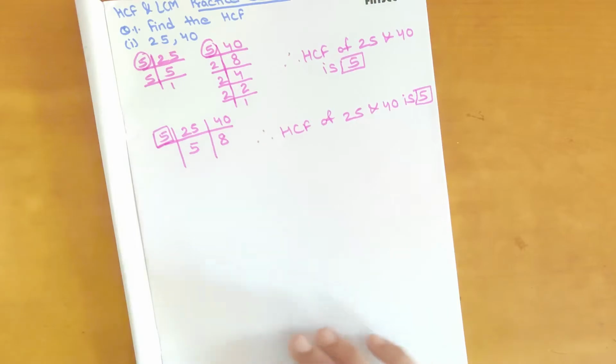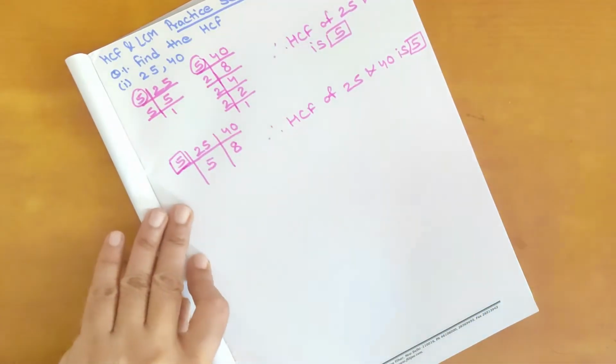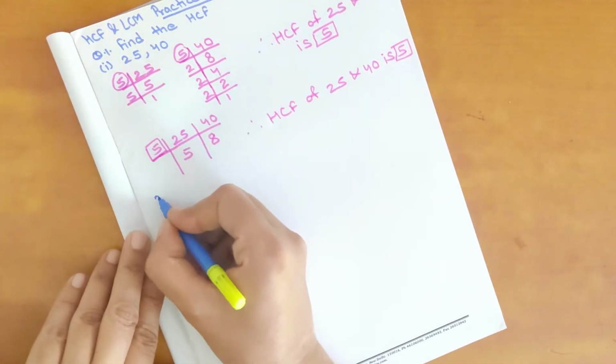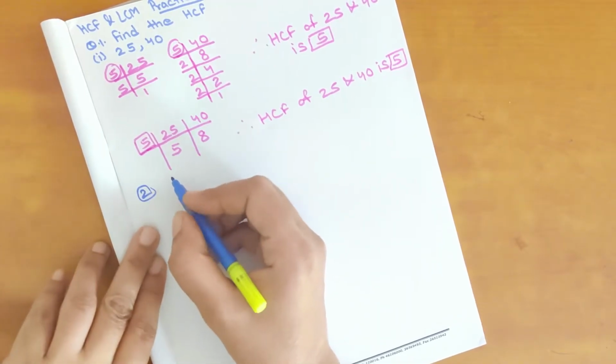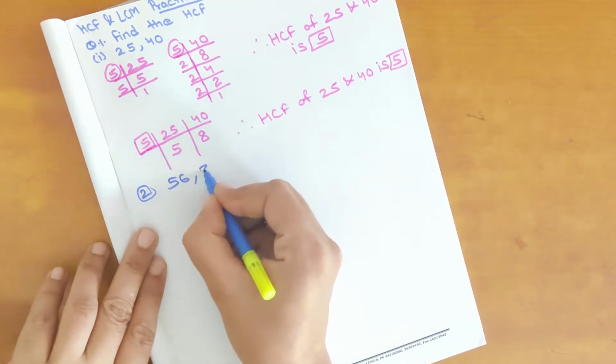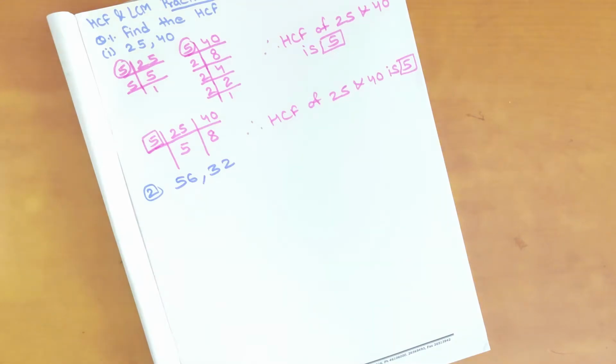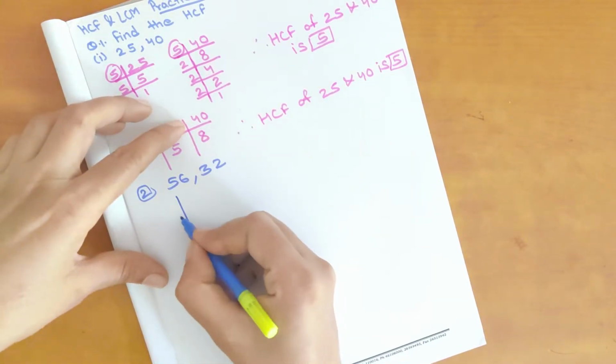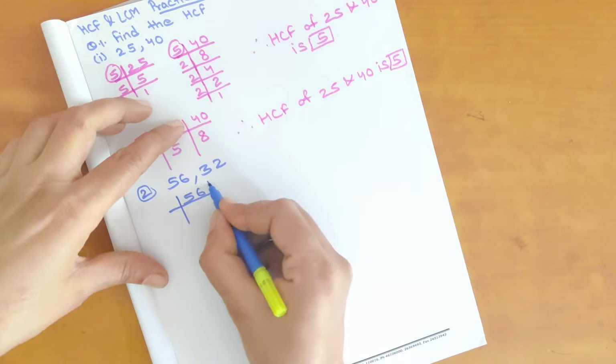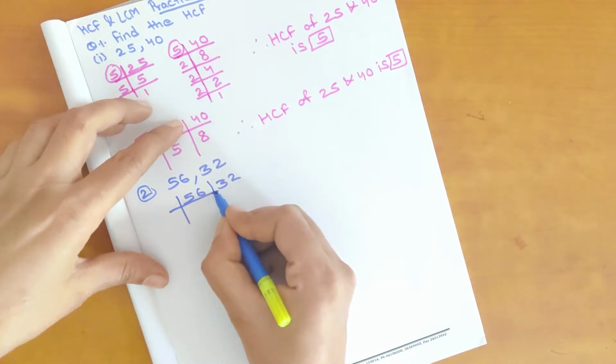Okay. Next question we will take. Next question it is given 56 and 32. So we will take together 56, 32.